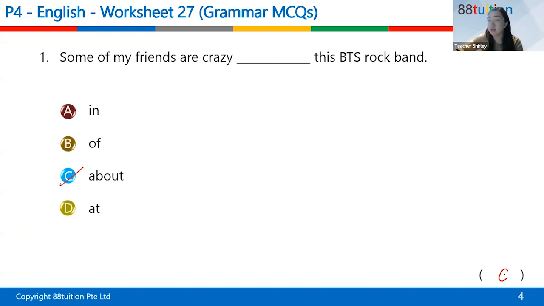BTS, if I'm not wrong, is a Korean boy band, right? So when you say you're crazy, it's usually about something. So crazy about something. It's just like collocations whereby it comes together. So crazy about basically indicates concerning, like on the subject of.